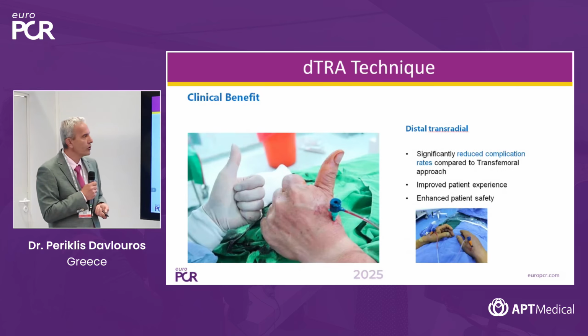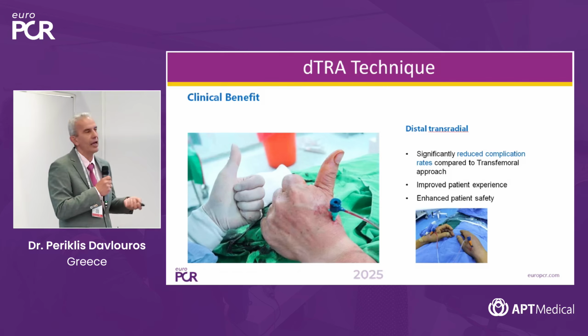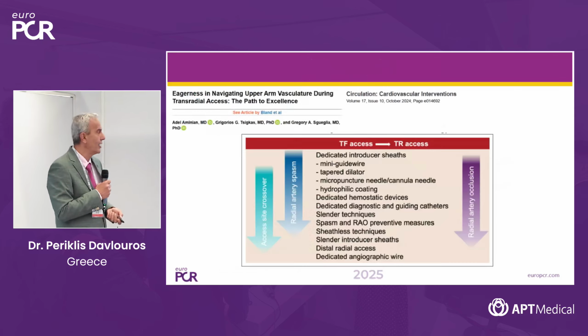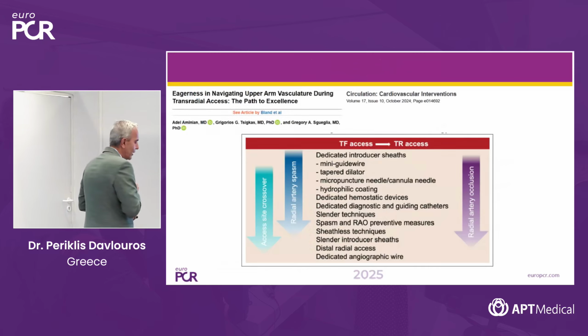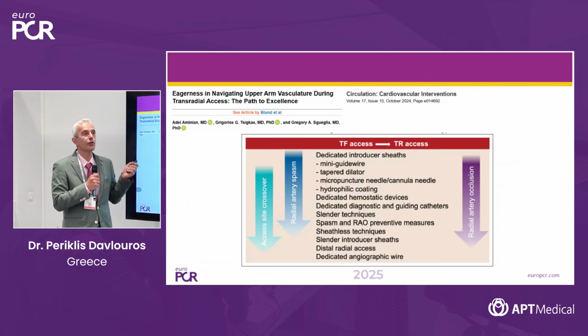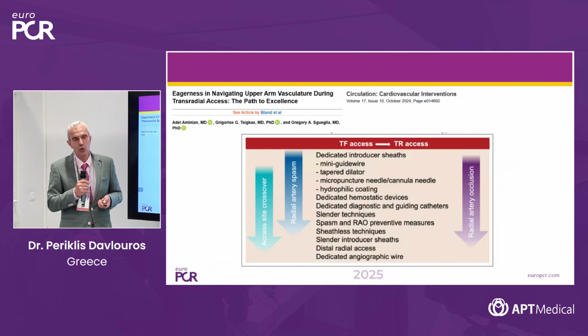And of course, hopefully, with the distal radial artery, as I showed, you may have reduced complication rates. Now, if we look at the rate of radial artery thrombosis, and if we want to reduce it, these are some of the issues that you have to consider.